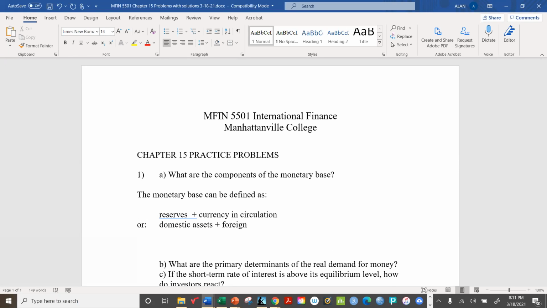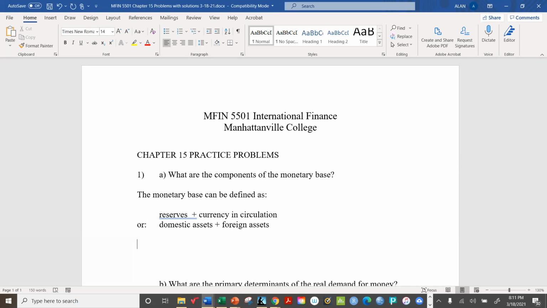And that means of the Fed, that is. Okay, so those are the two possibilities. It's usually the first one that we use in practice. And of course, the common thread they have here is that the Fed is completely in control of both of them.